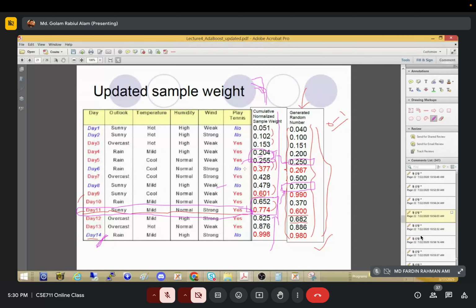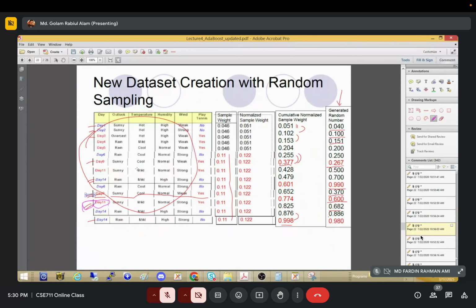And then we consider the instance that belongs to that upper bound, copy it, and paste it to our new data set. So day 5 is pasted here.